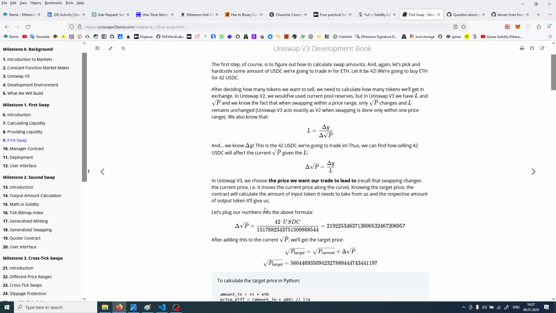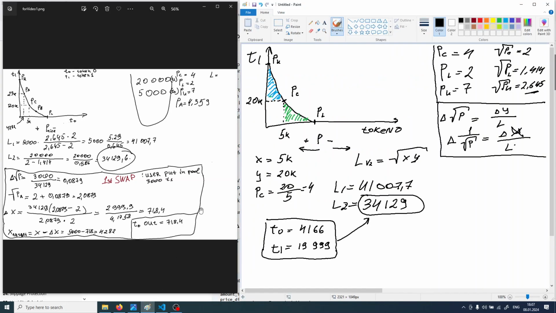In the book, he swapped 42 USDC. I, for example, swap 3000 of token 1. So the user puts in the pool 3000 token 1.